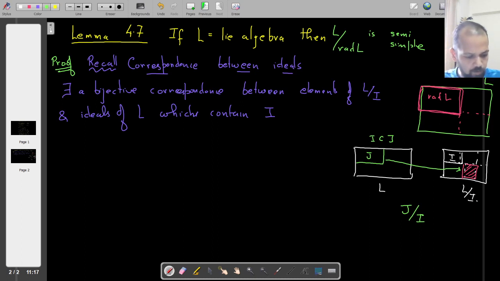Correspondence between ideals in L by I. So now it makes sense, right?